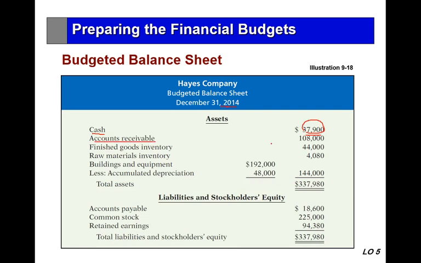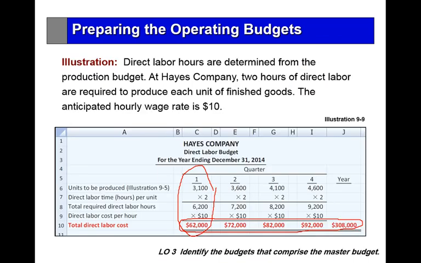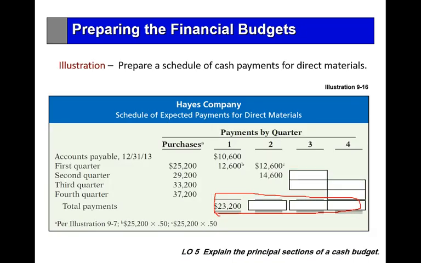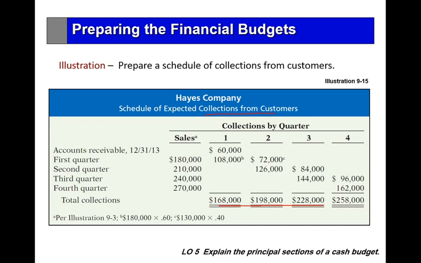Accounts receivable, from where do we have 108,000? We go back to cash collections from customers. We see that in the fourth quarter we have $270,000 sales. We expect to collect from this amount $162,000.